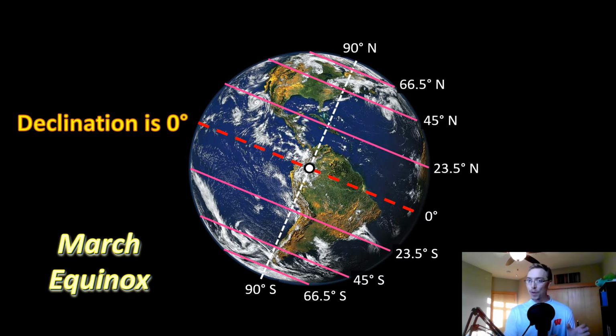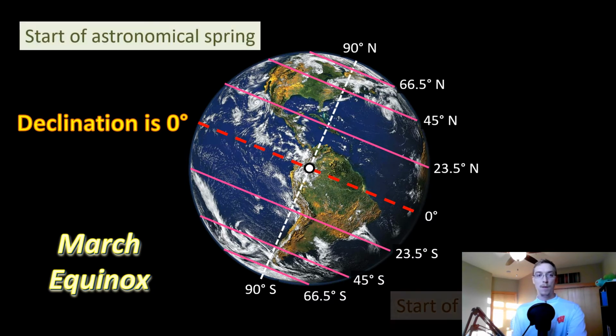If you look at the roots of those words, it's a dead giveaway. It means that we have equal light and equal dark on that day of the year, 12 hours of daylight and 12 hours of night. That's the start of our astronomical spring in the northern hemisphere and the start of our astronomical fall in the southern hemisphere.